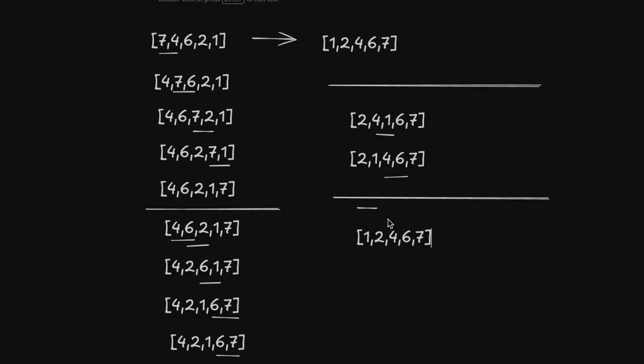So here on the fourth outer pass, it is already sorted, so you can check this. Okay, so this is the whole idea of bubble sort.